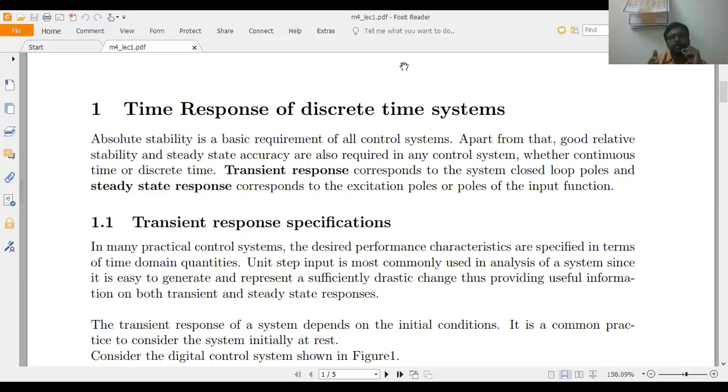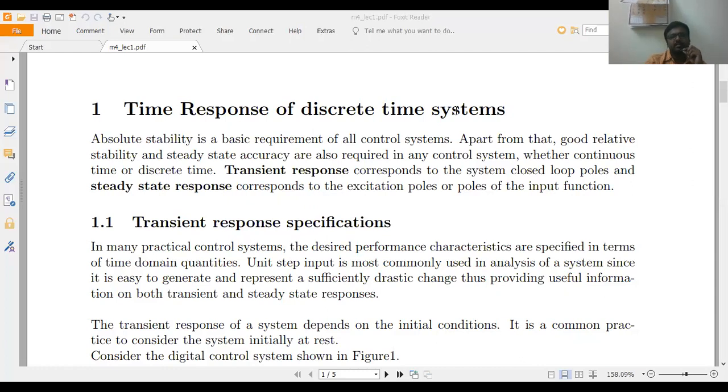Transient response corresponds to the closed loop poles of the system. And similarly, the steady state responses are related to the poles of the input function.